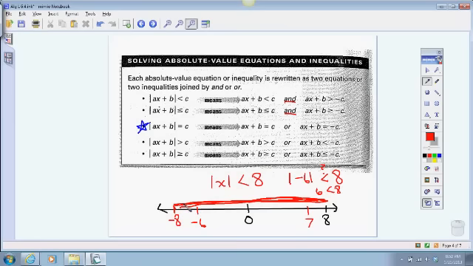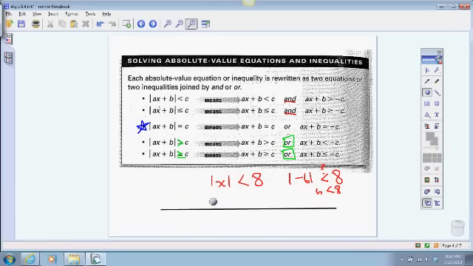So when you have a negative, our distance from 0 has to kind of stay in that range. Now, if you look for when it's greater than or equal to, those are or statements.